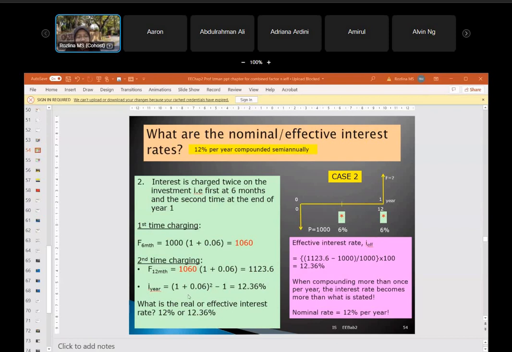So if we show it in percentage, actually we have compounded 2 times here with the nominal value of 6%.